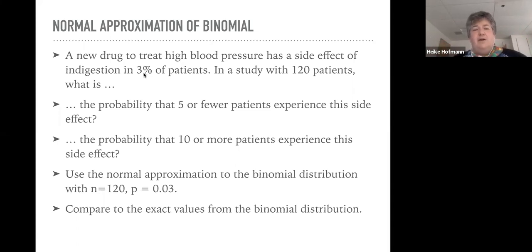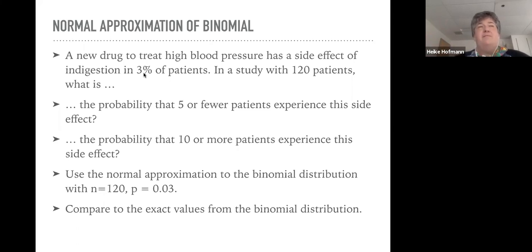So here we've got an example for 120 patients that are treated for high blood pressure, and the drug that they're taking has a side effect of indigestion for about 3% of the patients. So now we can check the probabilities. So this is a binomial.